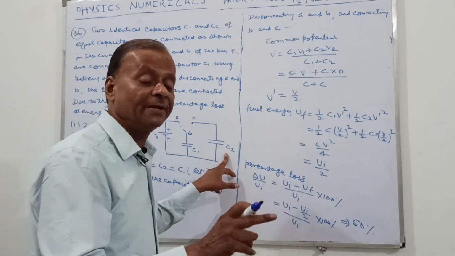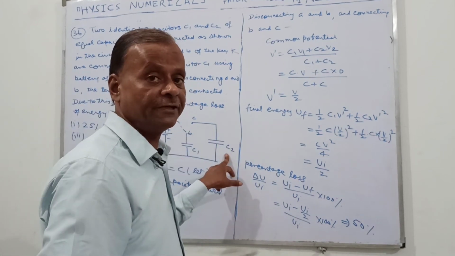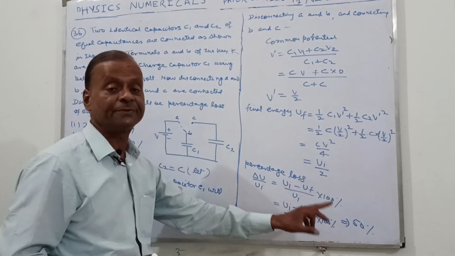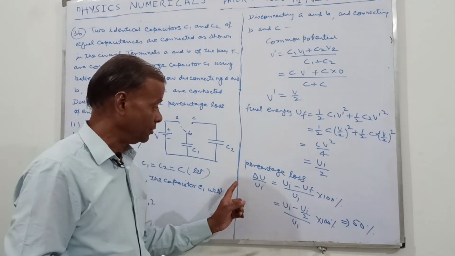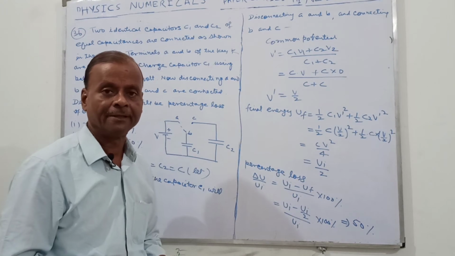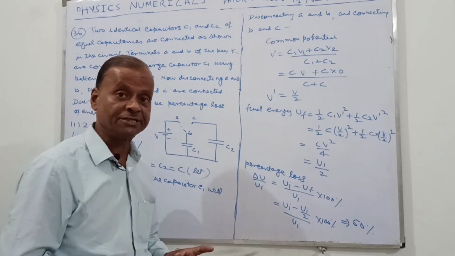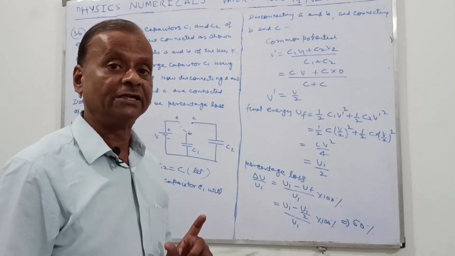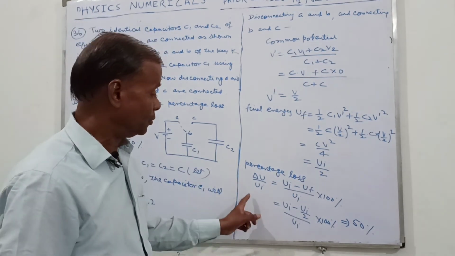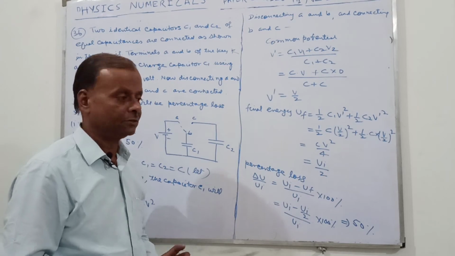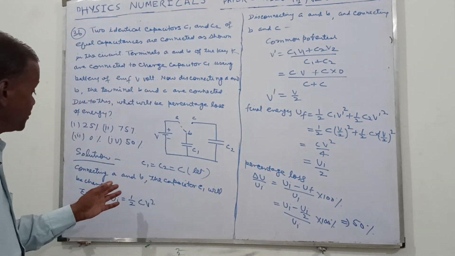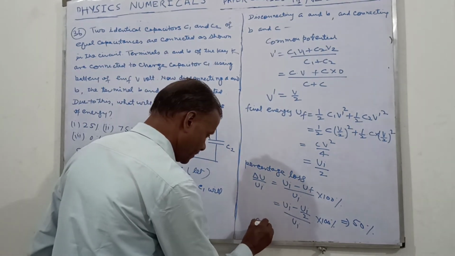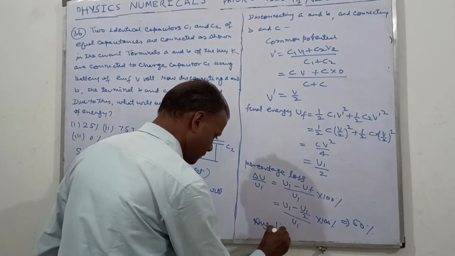So again you can apply the formula half Q square upon C. You will get the same thing, that there will be 50% loss of the energy. So either you do it by the common potential or by the redistribution of charge, you will find the same loss of energy. So our option is the fourth.